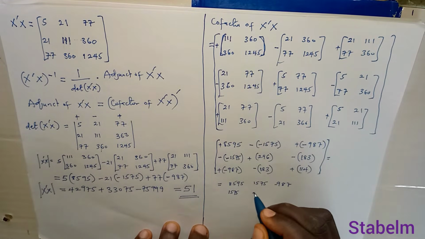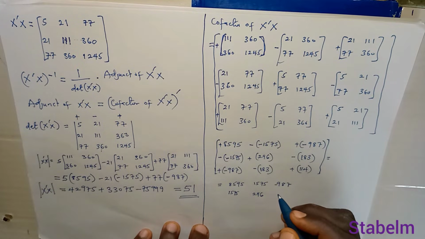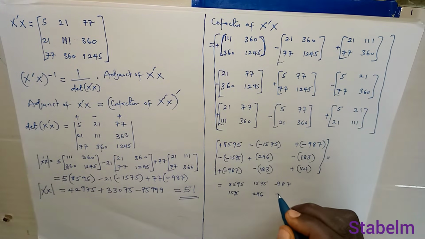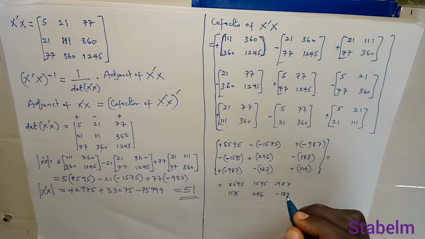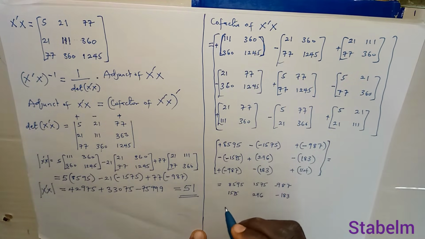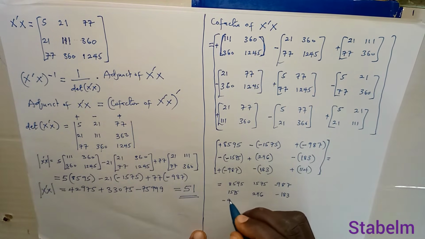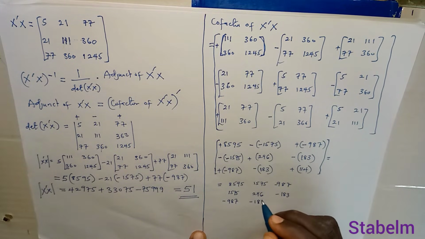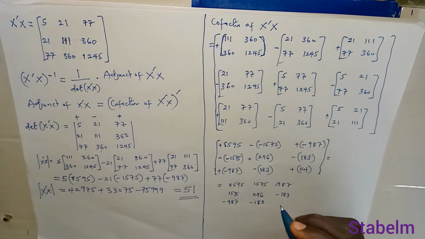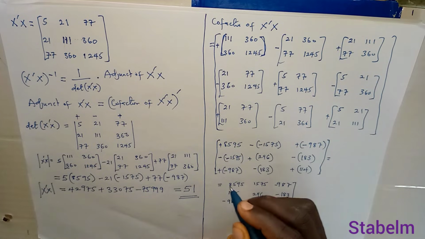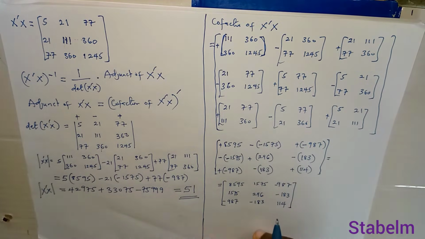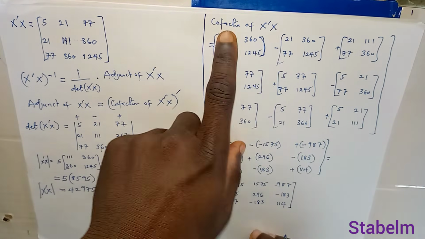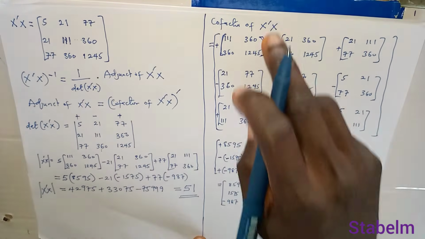Here we're going to have 296, and here we're going to have minus 183. So the last part here we have minus 987. Here we have minus 183, and the other part here we have 114. So this is the cofactor of x prime x.